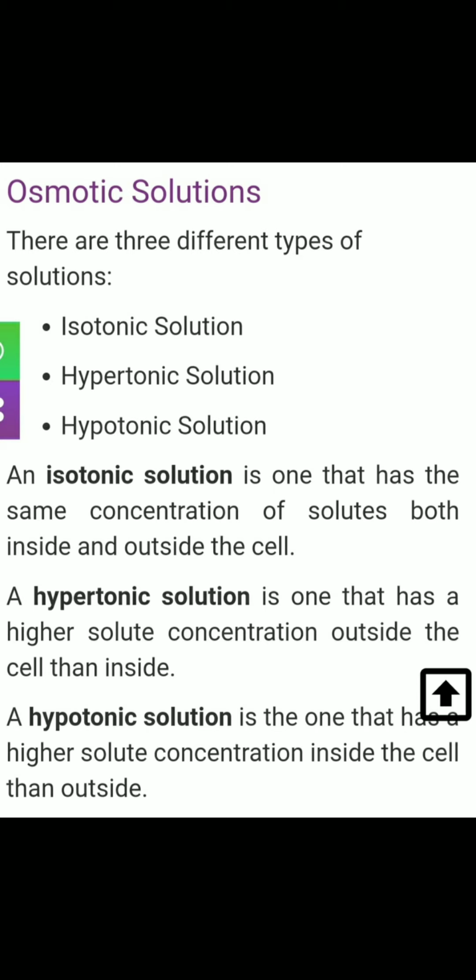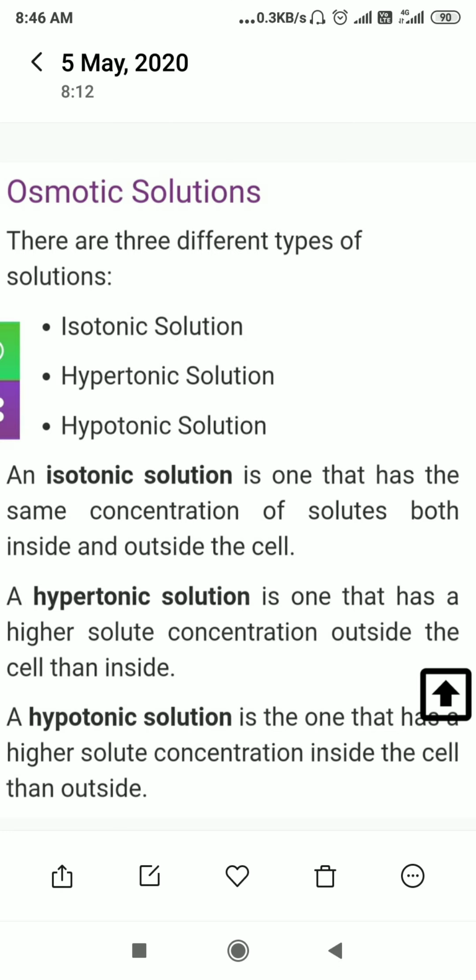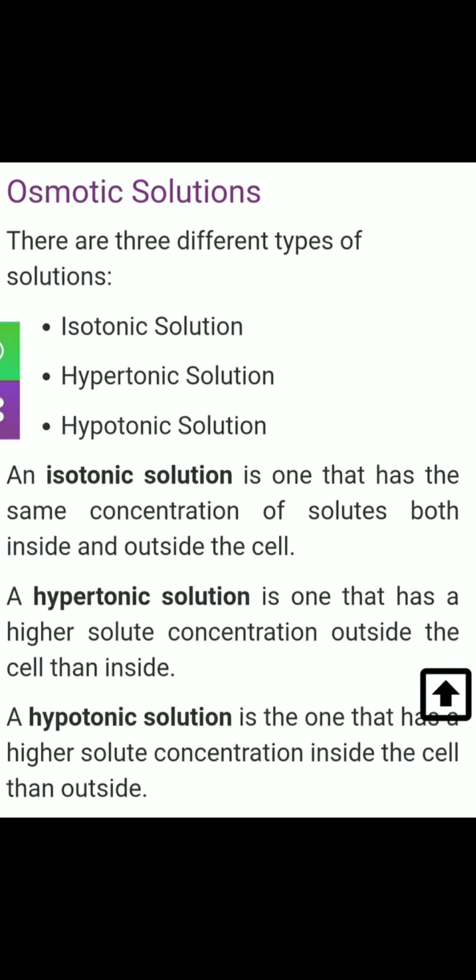That means the solute concentration of the solution surrounding the cell is the same as the solute concentration inside the cell. That means the concentration inside the cell and the concentration of the solution outside are the same, then it is known as an isotonic solution.